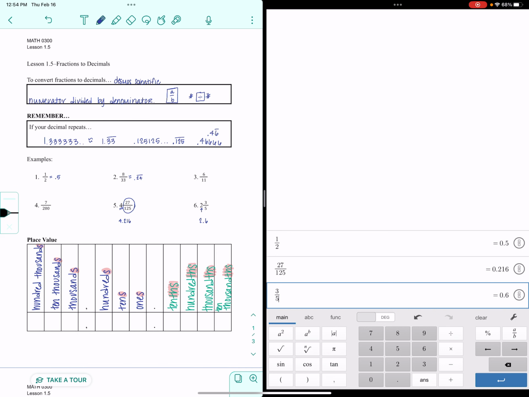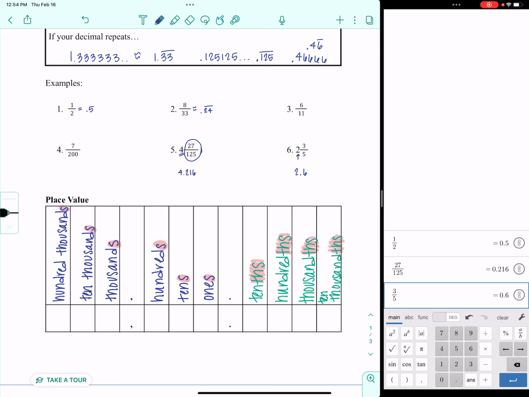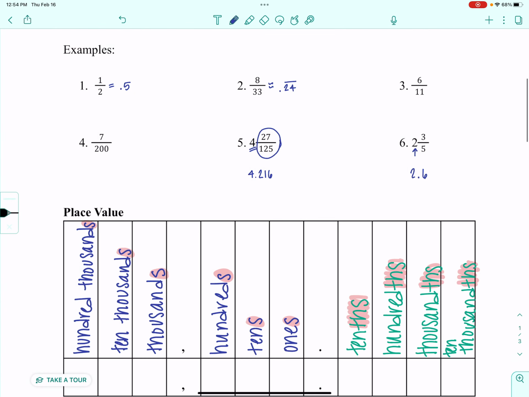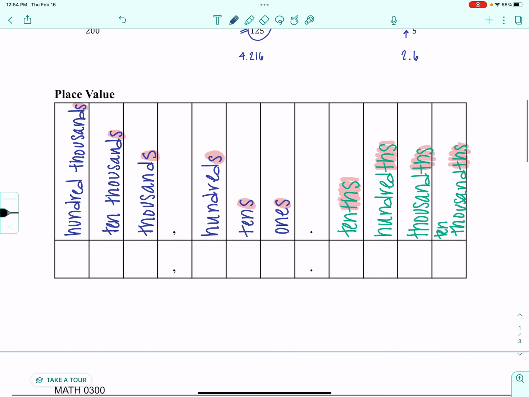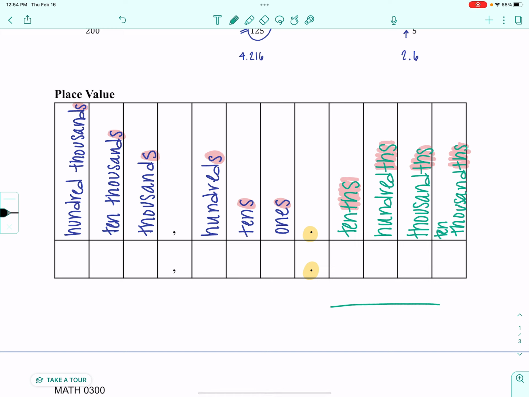fractions to decimals. Now, before we can convert decimals to fractions, we need to revisit place value. When we talk about place value, the big thing you need to be able to find is the decimal point. Anything to the right of the decimal point is going to end in THS.